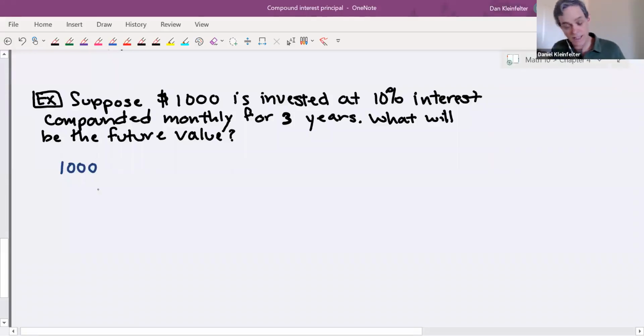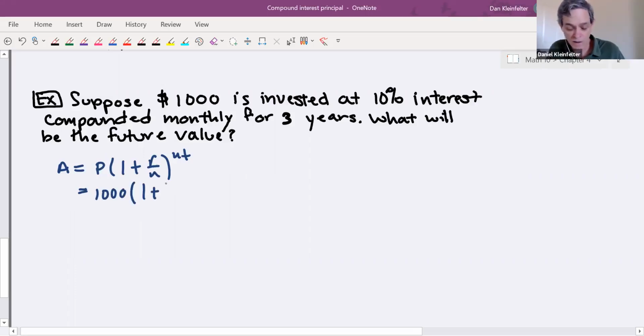All right, so let's try that again. So our future amount is going to be 1,000. Let me rewrite the formula first. Principal, 1 plus R over N raised to the NT power. So for this one, our principal is still $1,000. It's 1 plus, and then R over N. Our interest rate was 10%, but now the interest is figured out monthly.